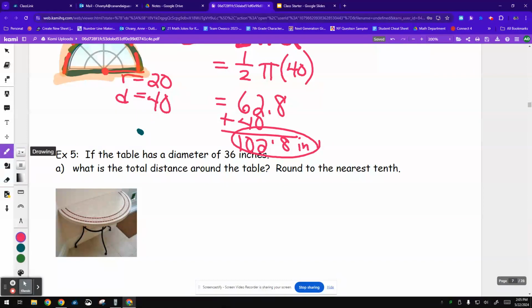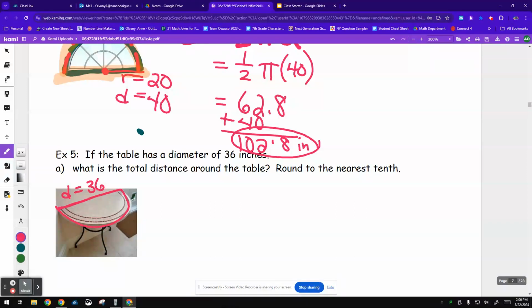All right, if the table has a diameter of 36 inches, I think you know better than that. If the table has a diameter of 36 inches, so I'm going to write D equals 36. What is the total distance around the table? Say I want to put little stickers all the way around.